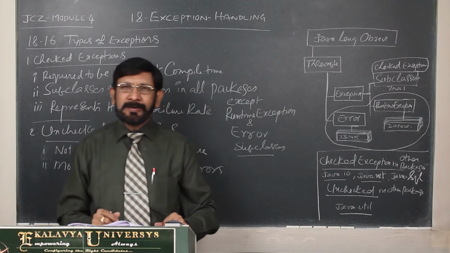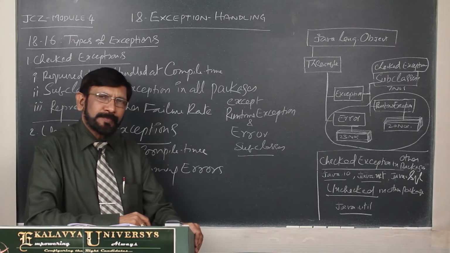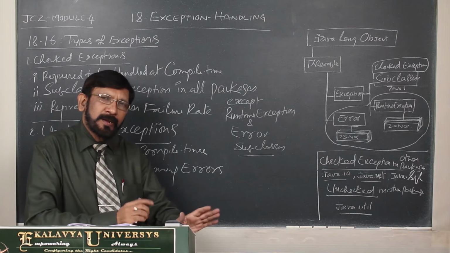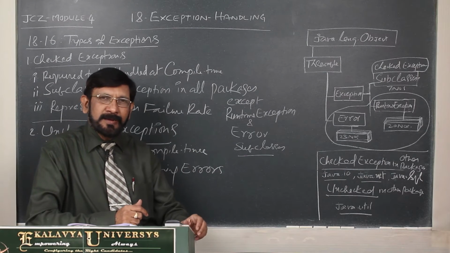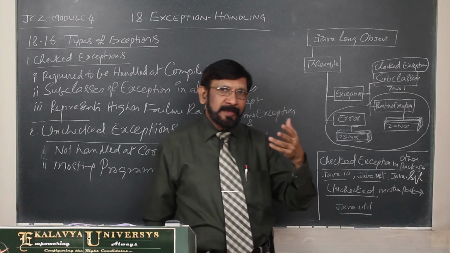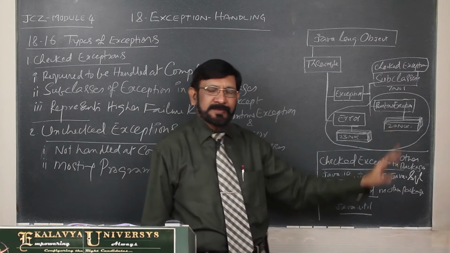One more example: in integer division the denominator must never be 0. If the programmer does not identify that, it leads to a programming error. All such things, whatever I explained through demos, are unchecked exceptions.